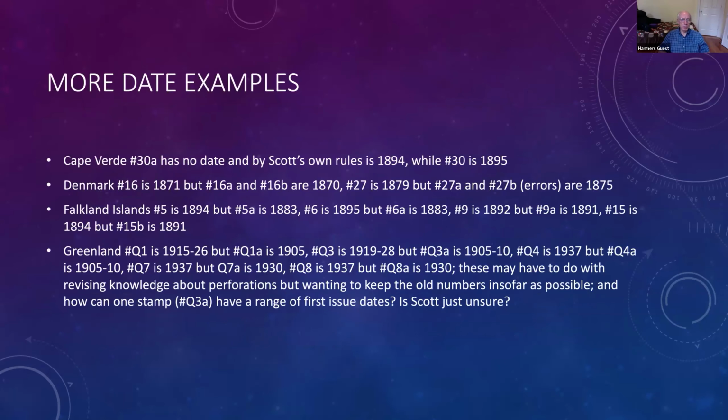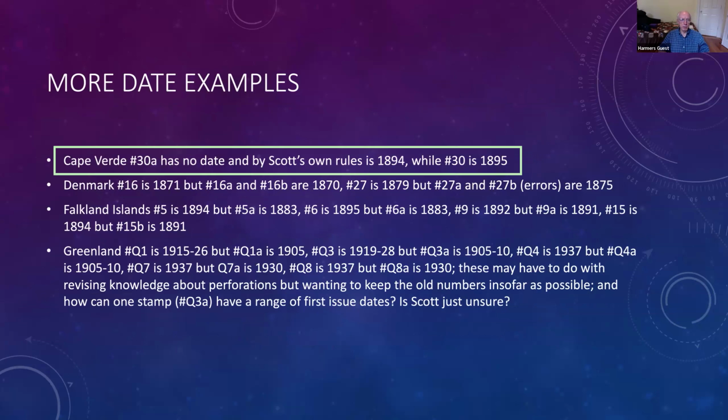So a number of my pages have minor numbers specified for the 1938 sets, because that's the way Scott has listed them. Here are some examples. Cape Verde 30A has no date, and by Scott's own rules, it's 1894, because that's the first date for the set. But number 30 itself is specified as 1895, which is after the set started.